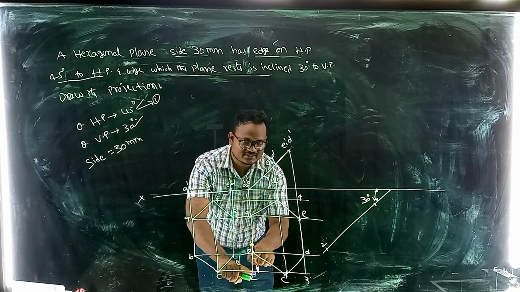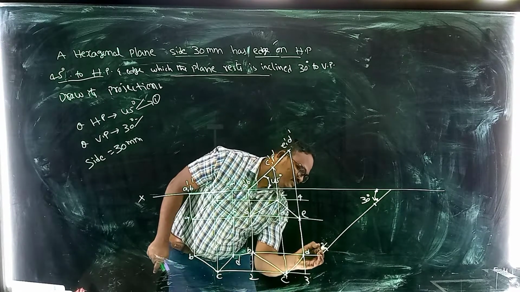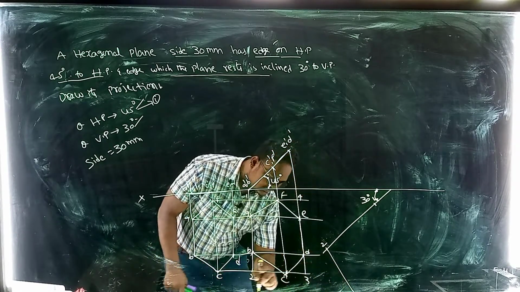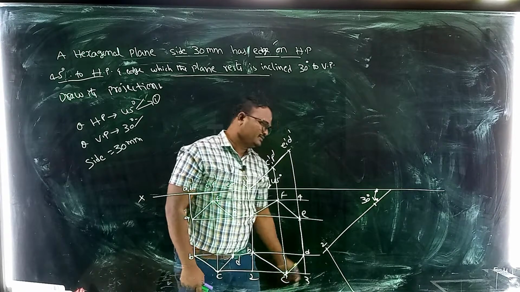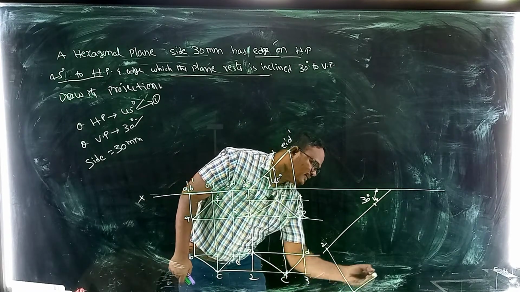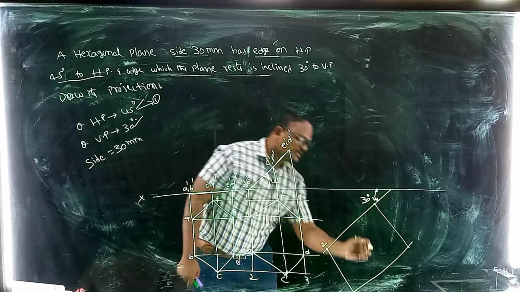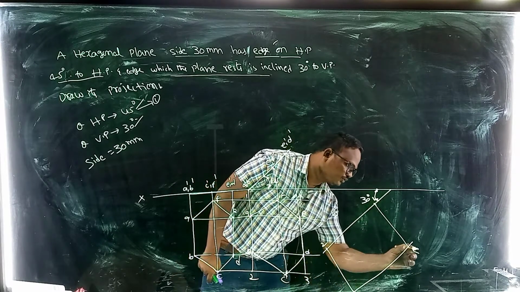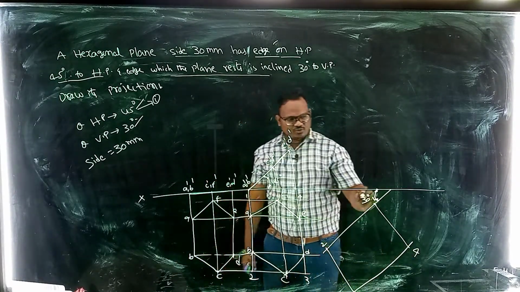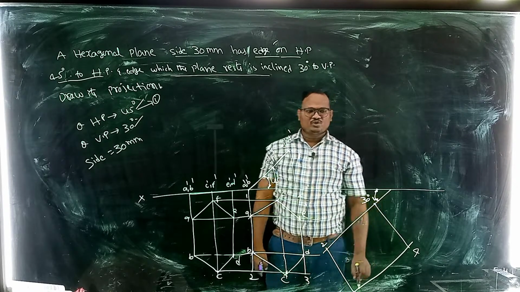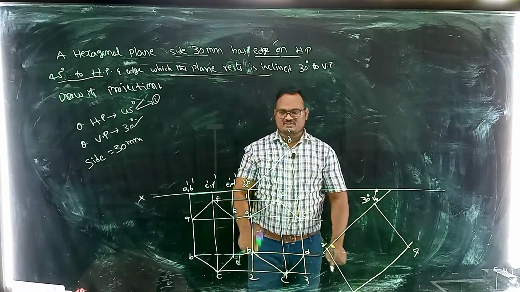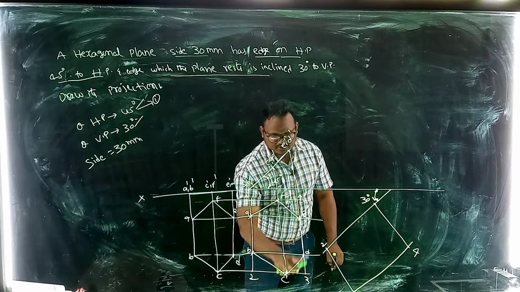So here this is a 90 degrees line, right? So whatever the length it is, take that length and project vertically up to here, then parallel to this line you will get 3, 4. So in this way you have to construct the 1, 2, 3, 4 rectangle box.